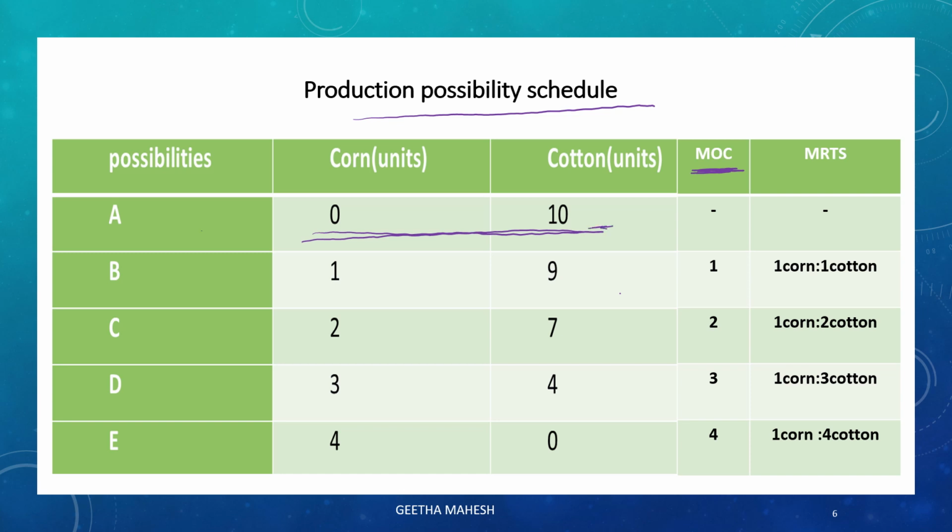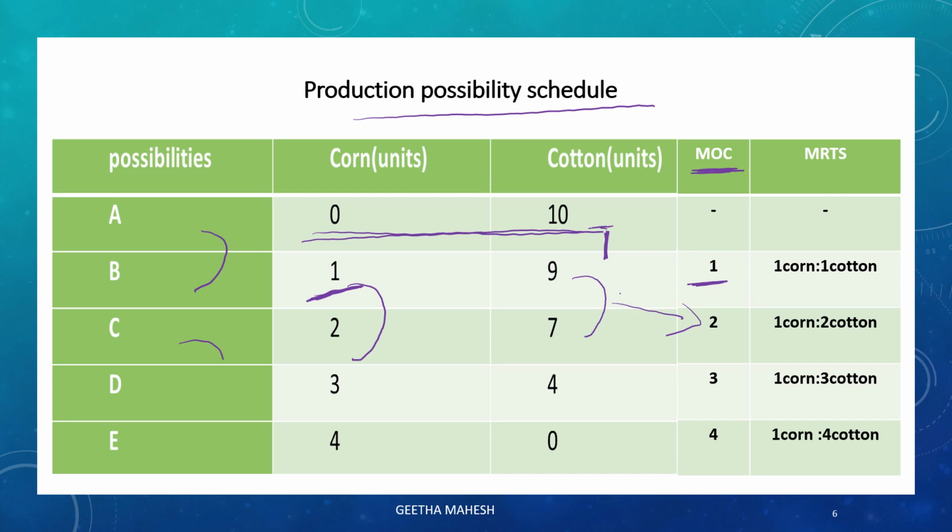When it moves from combination A to combination B to have an additional unit of corn, it is sacrificing 1 unit of cotton. And to have 1 more unit of corn, it is sacrificing 2 units of cotton.